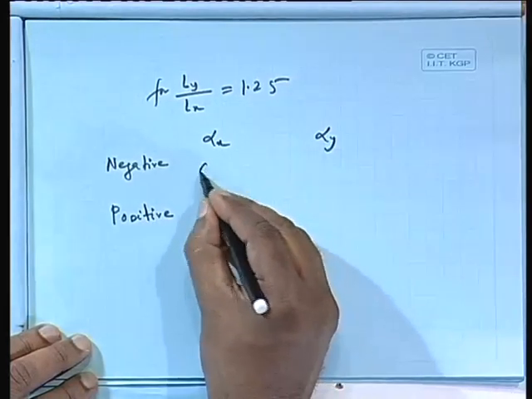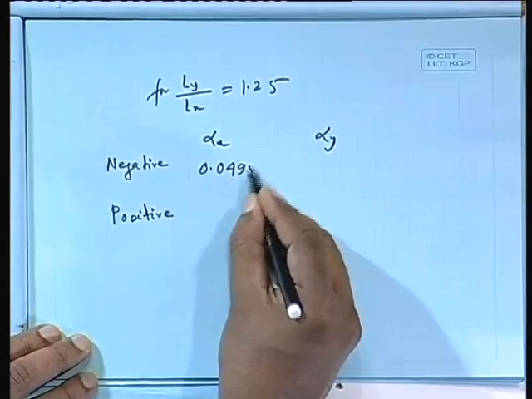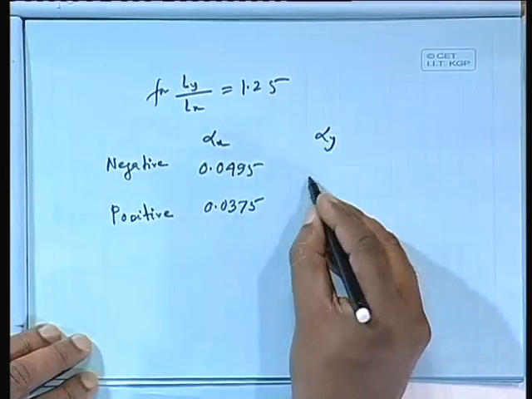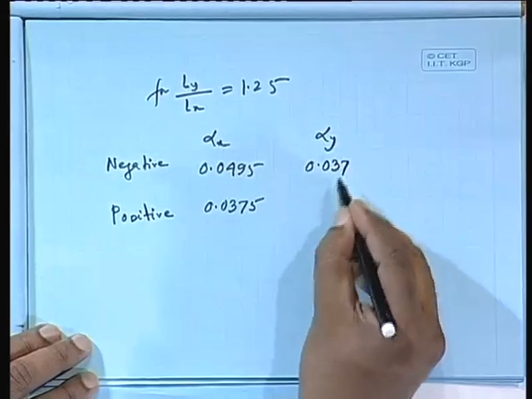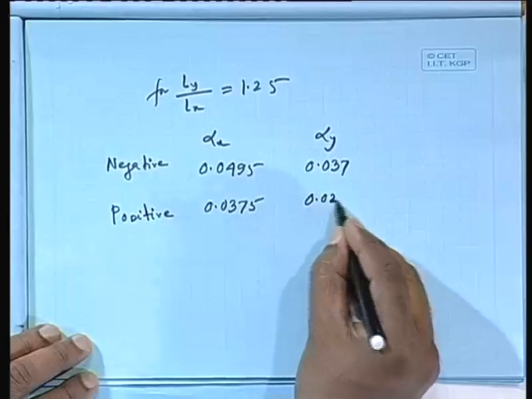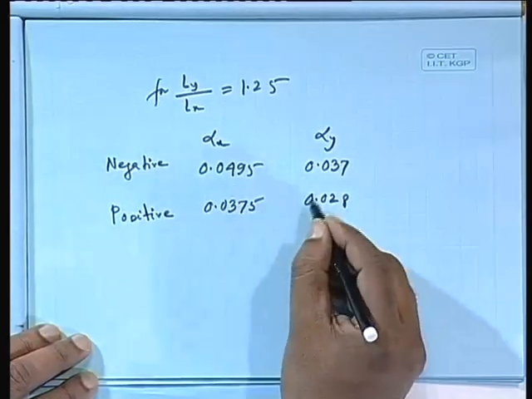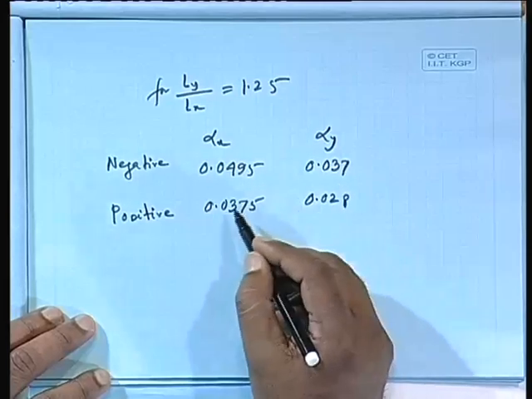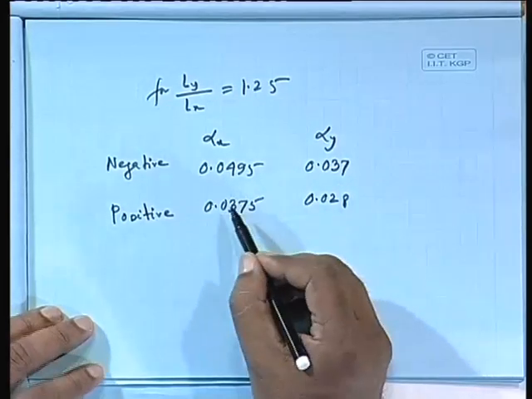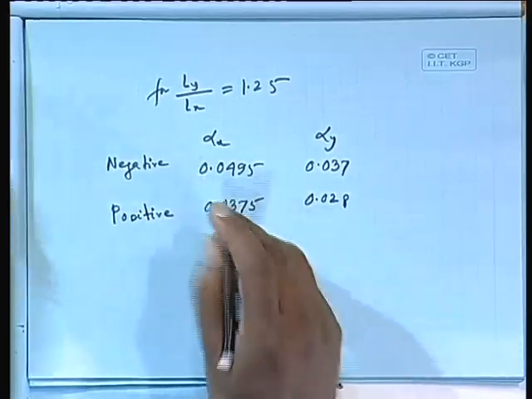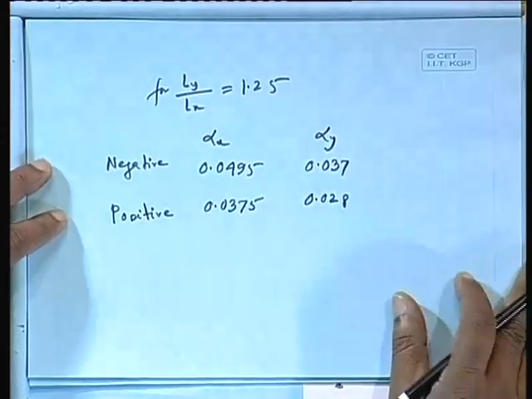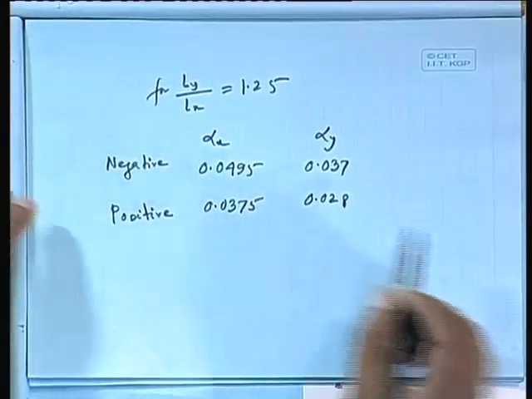We shall get it here: 0.0495, 0.0375, 0.037 and 0.028. So, these are the 4 coefficients times W Lx square, where W is the design load. So, we shall get 4 different moments. You can get it from table 26. So, that table 26 you should consult.